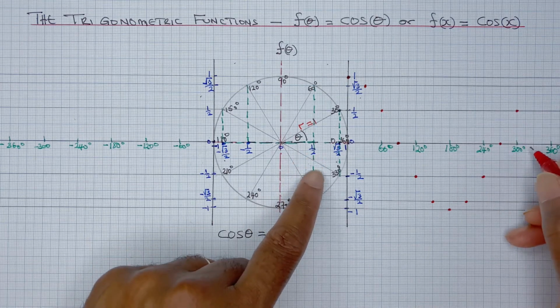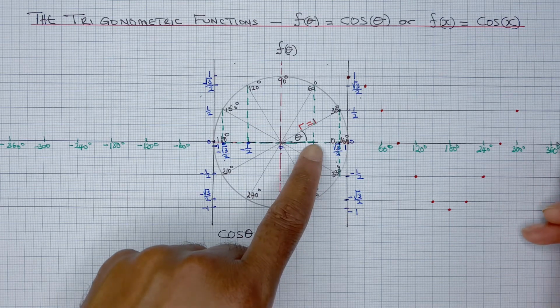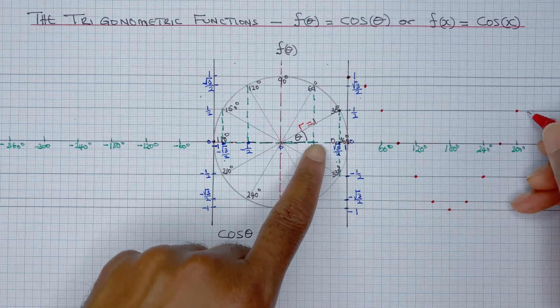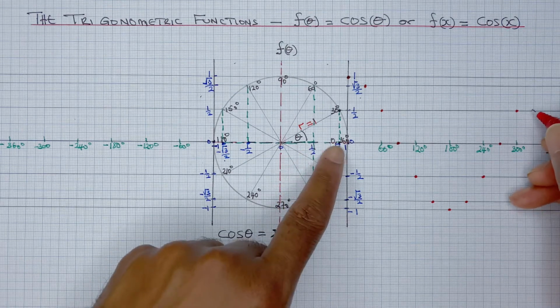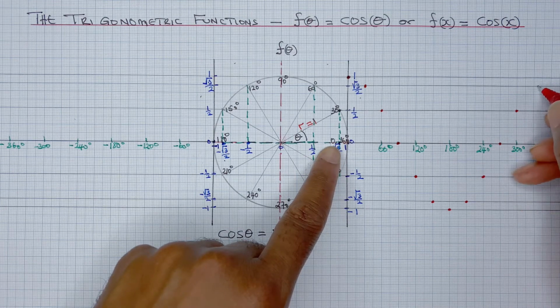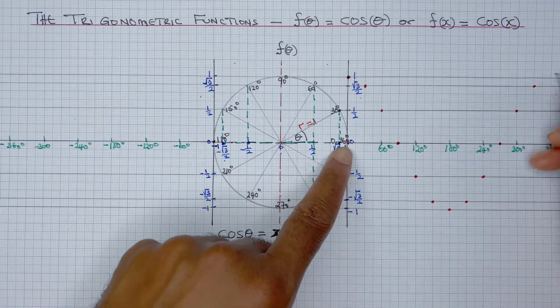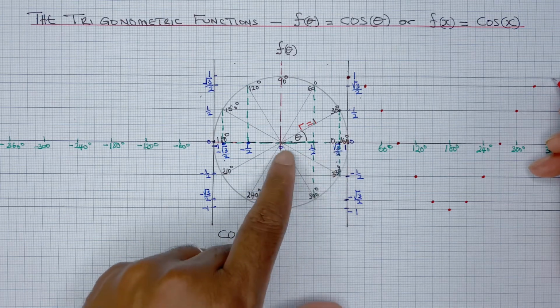And from 300 you're going to 330. That's 330 here, so that's root 3 over 2, positive. And from 330 you're going to 360, and that's 1. X is 1 here.